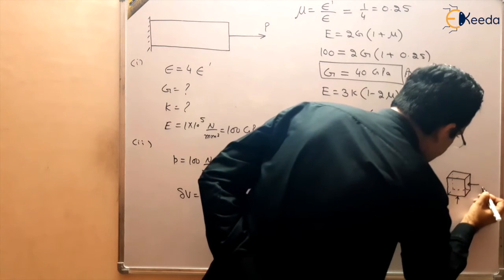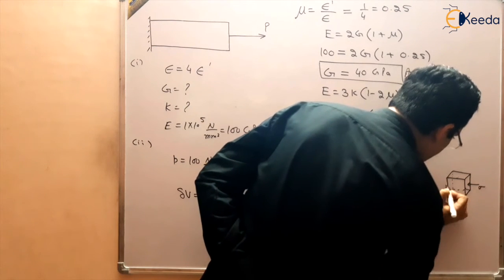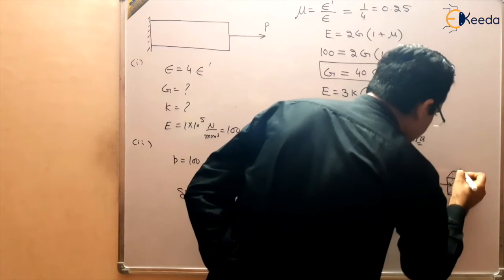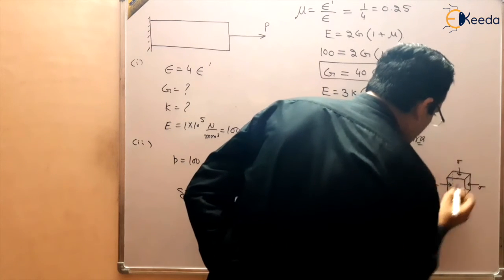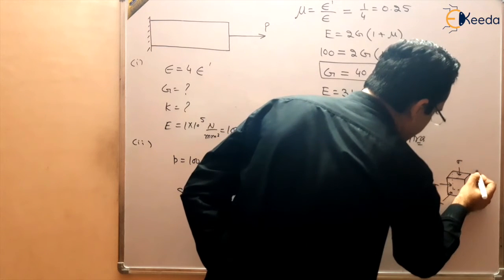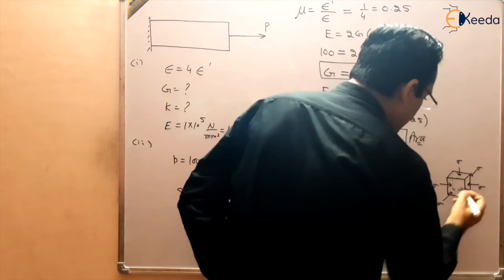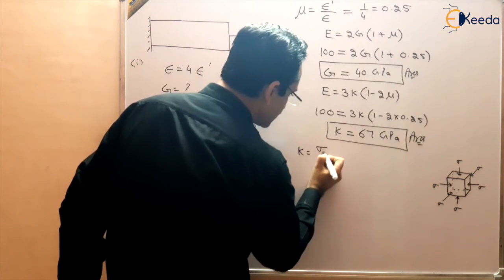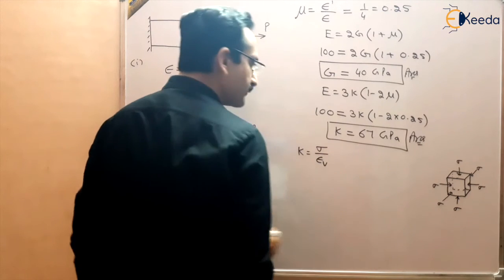Equal stress or pressure in all directions, it may be tensile in all directions or compressive in all directions, then the bulk modulus is given by stress upon volumetric strain, right?